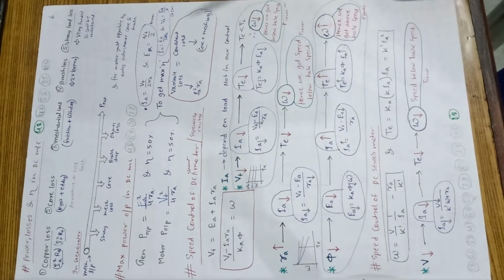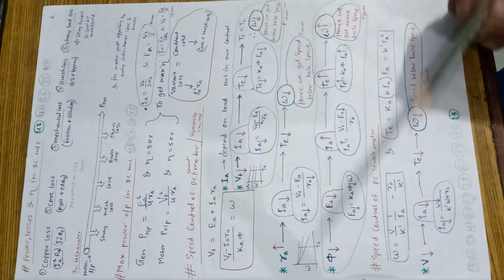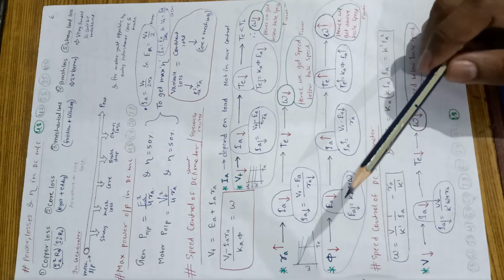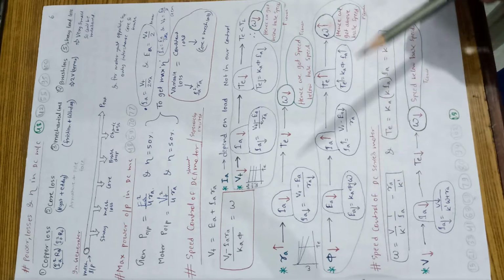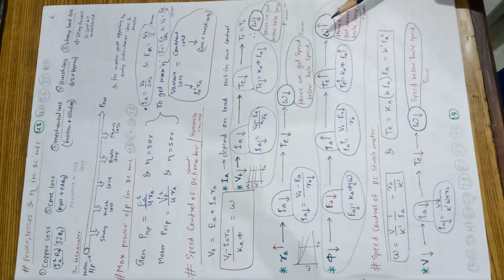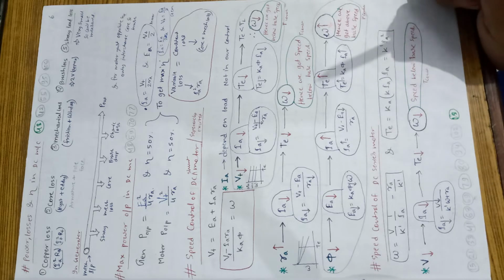With this we get speed below the base speed at constant torque. And variable flux means decreasing the flux. With this we get speed above the base speed with constant power. This basic thing we have to remember.